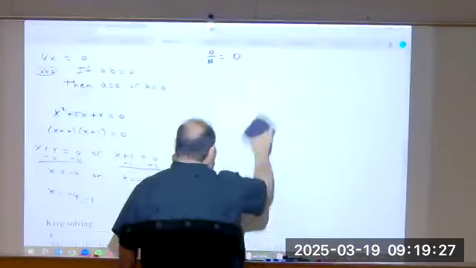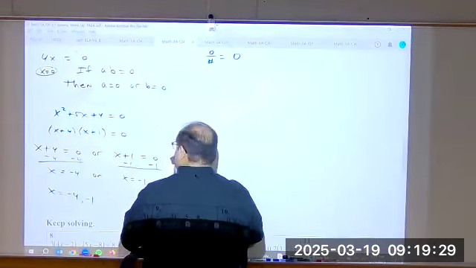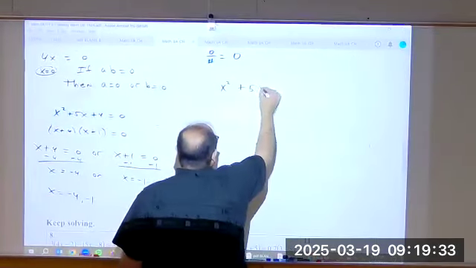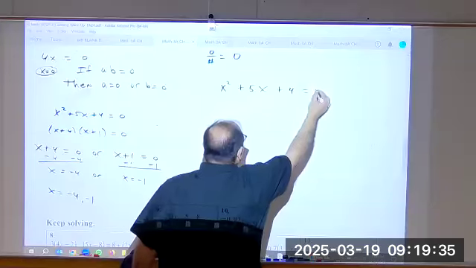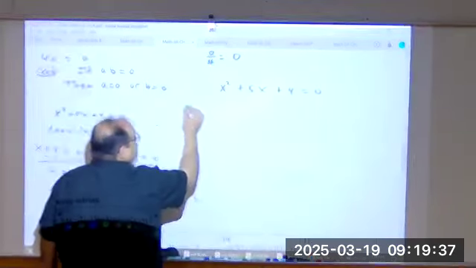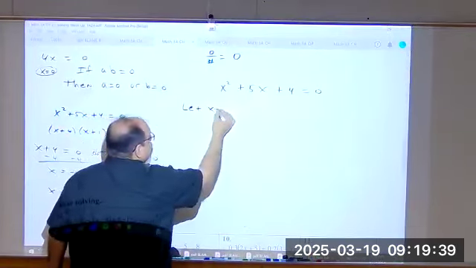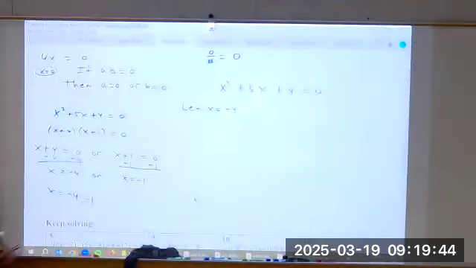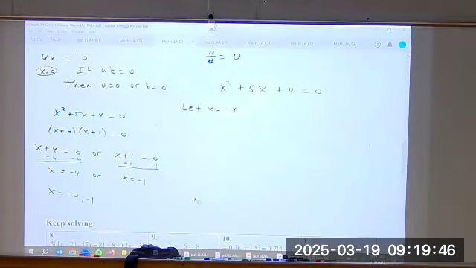Now, the nice thing about chapter 2 is you can always plug it in and see if you got it right. If I let x equal negative 4, let's see if we get 0. Here we go. This is straight chapter 1 substitution.